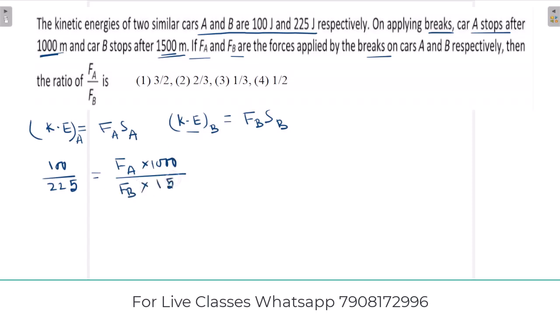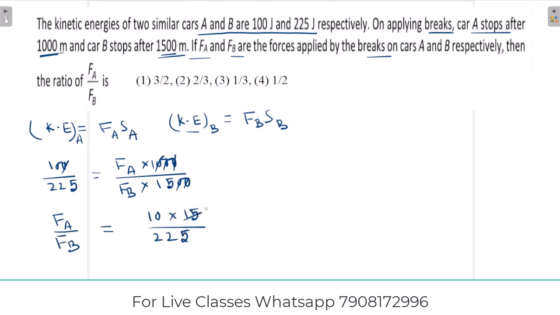So this basically becomes FA divided by FB is equal to 10 into 15 divided by 225.